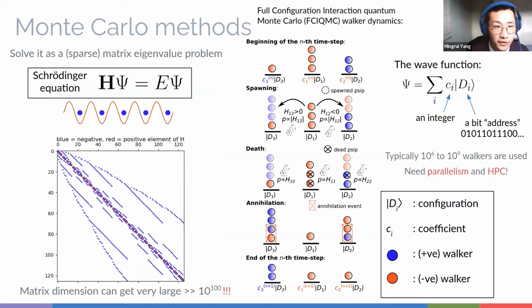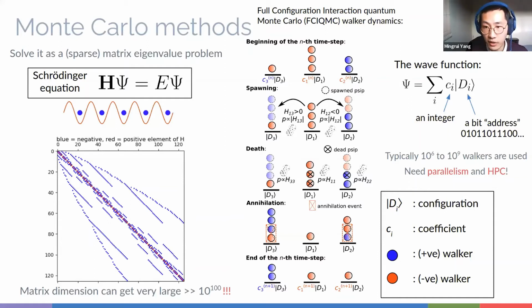When the Hamiltonian matrix works on the wave function according to the Schrödinger equation, you can obtain the energy of the system. For example, for this 5-atom system, the Hamiltonian matrix looks like this. It is very sparse. However, the scaling of this matrix gets worse very quickly.